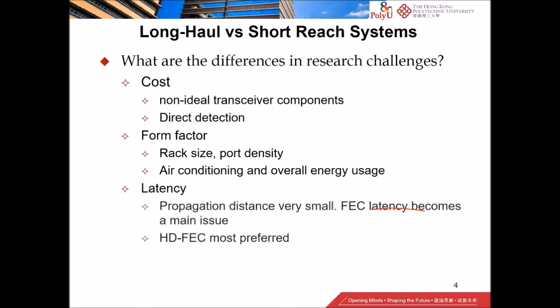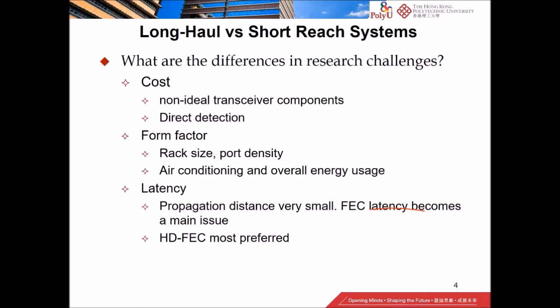Latency. Basically what that means is the propagation distance between the transmitter and receiver in short-reach systems is quite small, because we are talking about short reach, right? So maybe 10 kilometers or less.